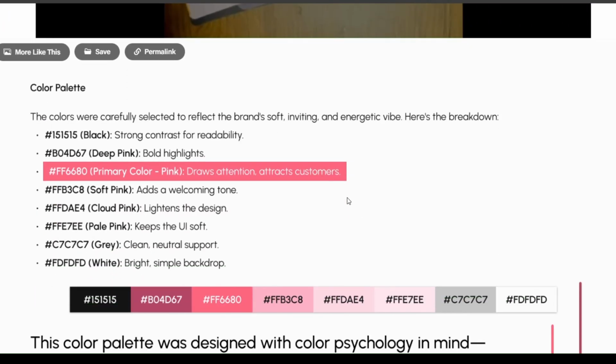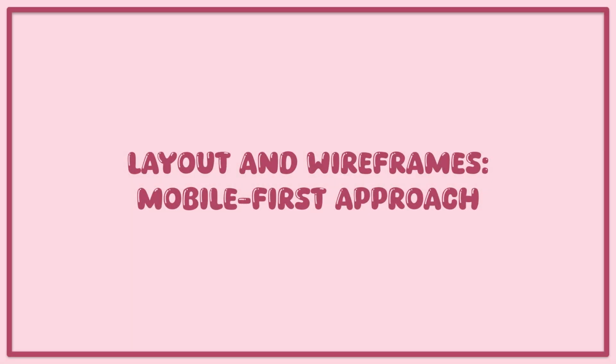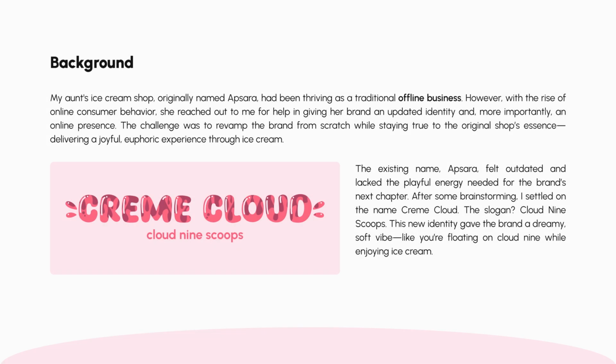and it has a lot of variants too. Okay, before we get into the layouts, wireframes, let me give you a little backstory about Creme Cloud. Like I told you before, this is a completely fictional project only created for teaching purposes. Now what's the problem that I had solved in this project? Right.